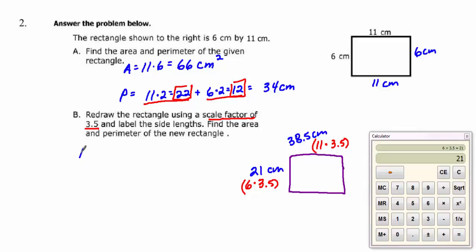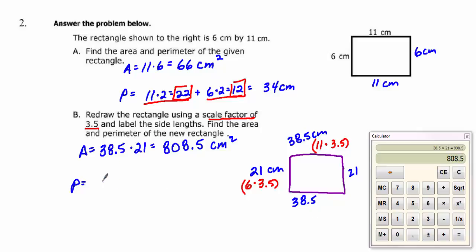All right, so my new area is 38.5 times 21. 38.5 times 21 is equal to 808.5 centimeters squared. And the perimeter, adding all the way around, so I want to make sure I remember I've got a 38.5 there and a 21 there. I'm going to show you one more way to do this.